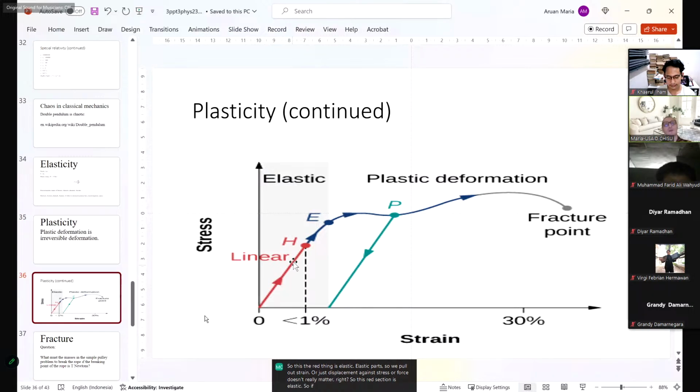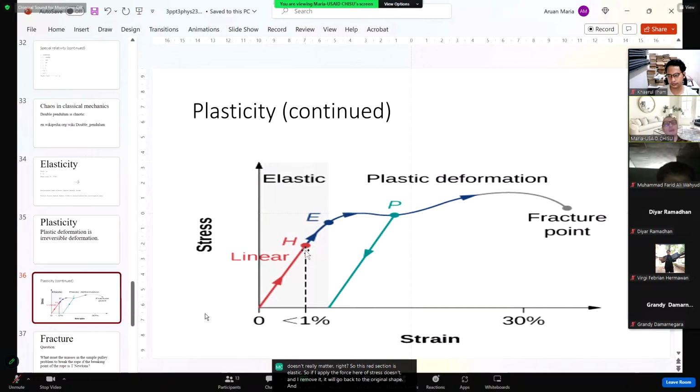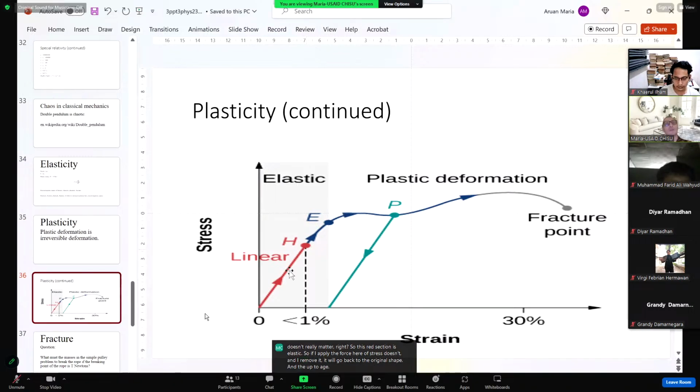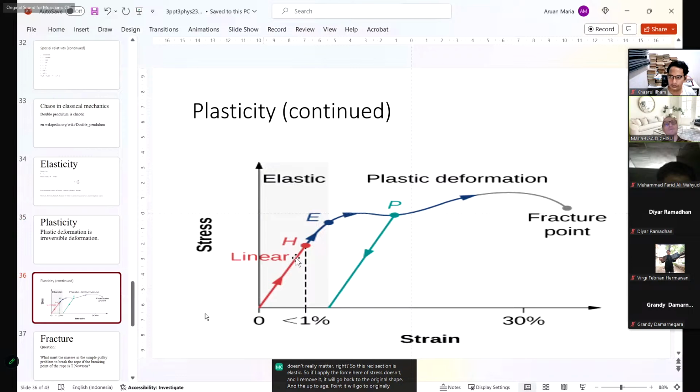If I apply the force here, or stress, and I remove it, it will go back to the original shape. Up to point H, it will go to the original shape. But after H, as you can see, it becomes nonlinear. The elastic phase is linear, it's a straight line, right? But after the elastic phase, it becomes nonlinear.